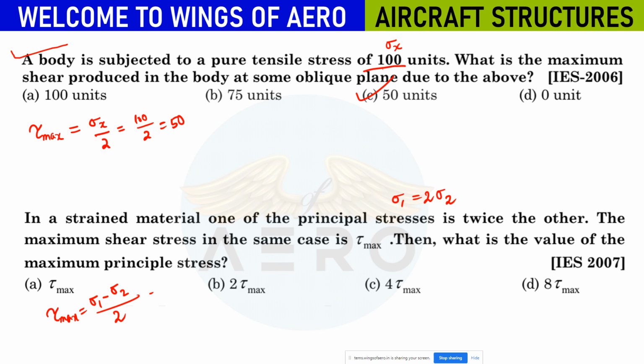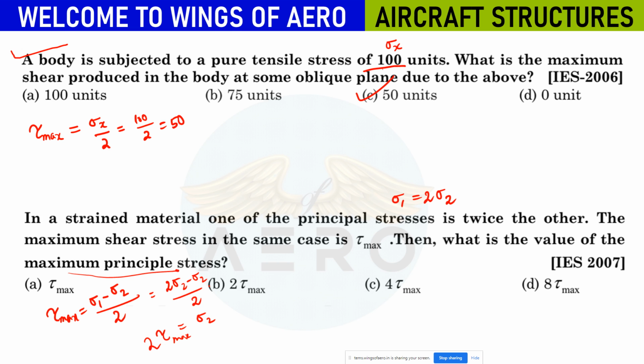If you substitute over here, you will get 2 sigma 2 minus sigma 2 by 2, so sigma 2 equals 2 tau max. But we need the maximum value for the maximum principal stress.